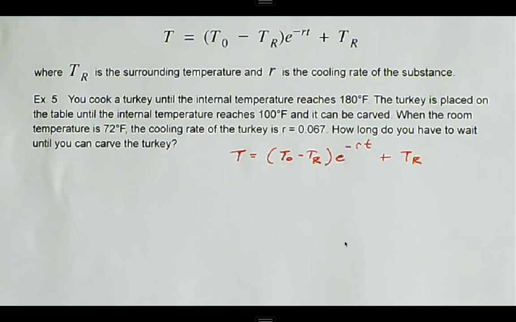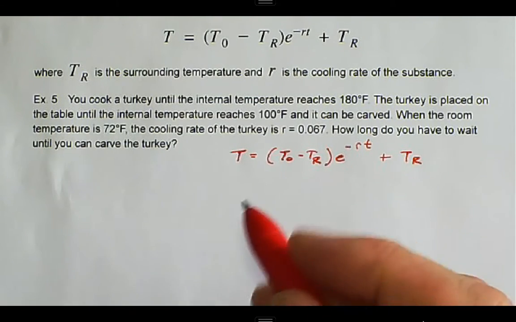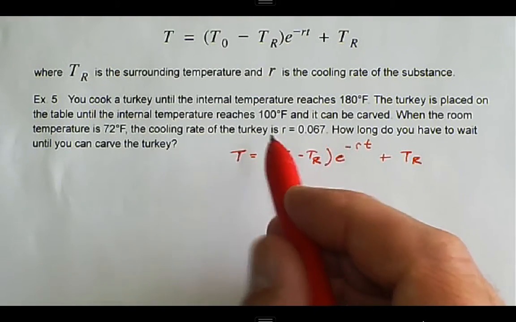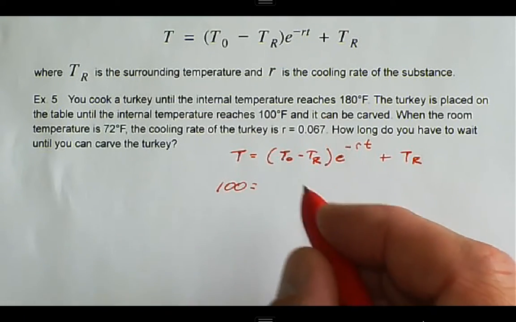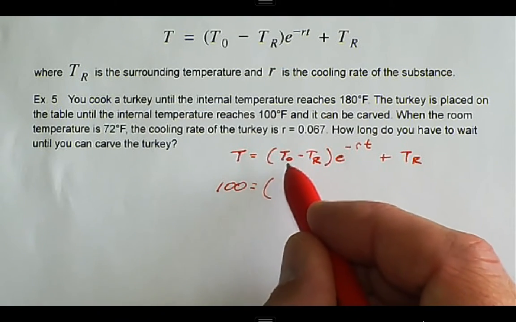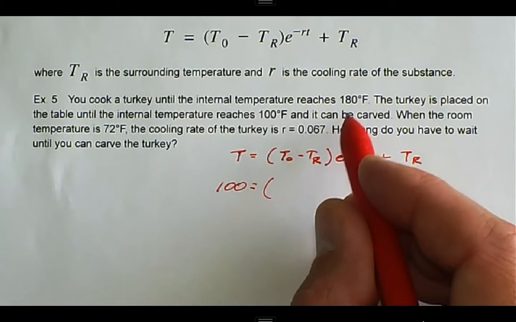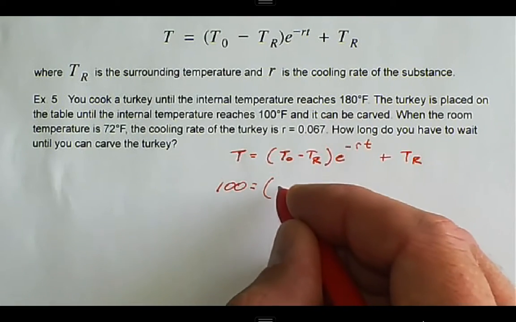And we can substitute some values in. We know that our goal temperature is 100 degrees Fahrenheit. We know that the initial temperature is going to be 180 degrees.